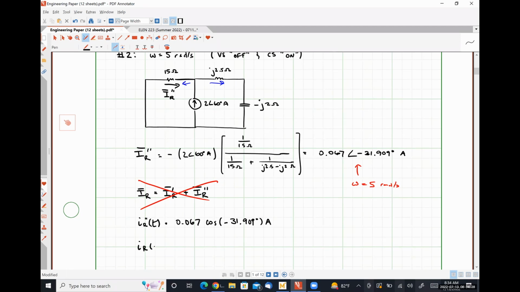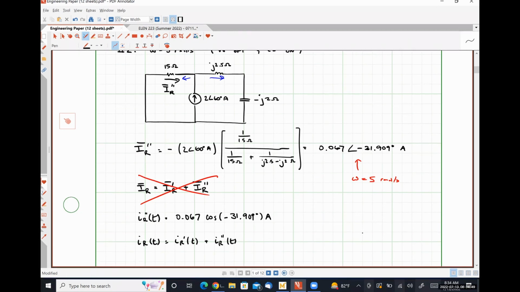And IR of t is IR prime plus IR double prime. So effectively, in a multi-frequency circuit, we have to go back to the time domain before we can combine our results.